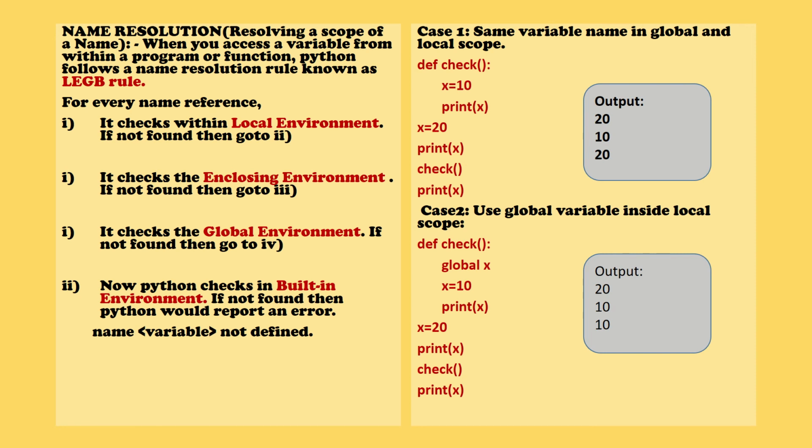If you change it, it will change it all over the program, which should be avoided. But here we have shown it for understanding. If you want to change the values of a global variable inside a function, then please go for this particular method. So this is what we have learned here.